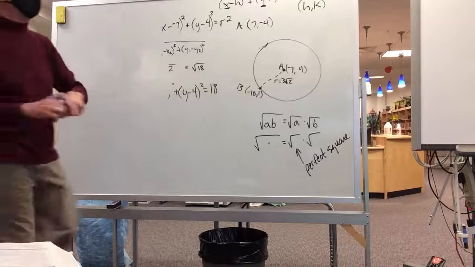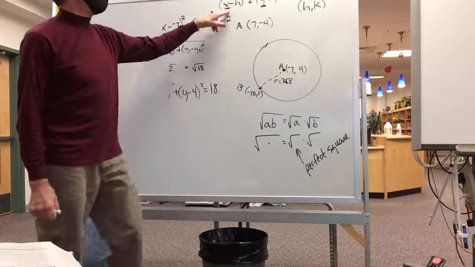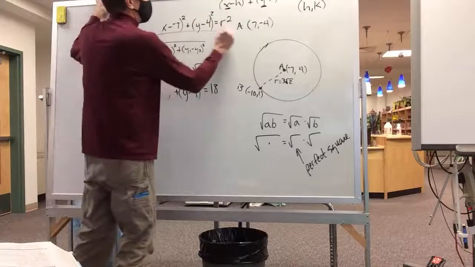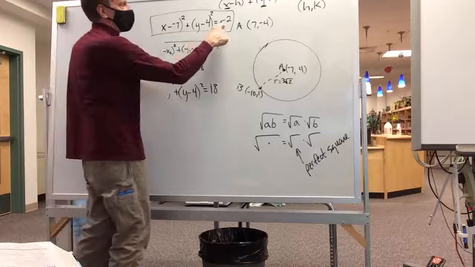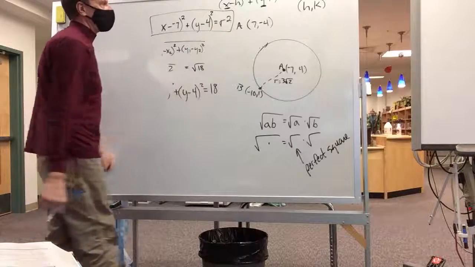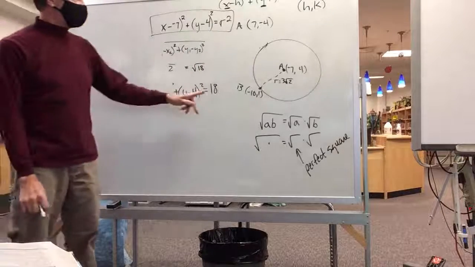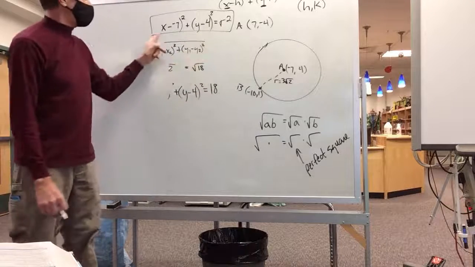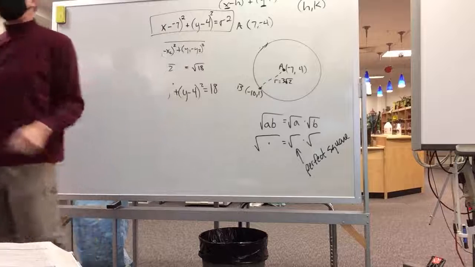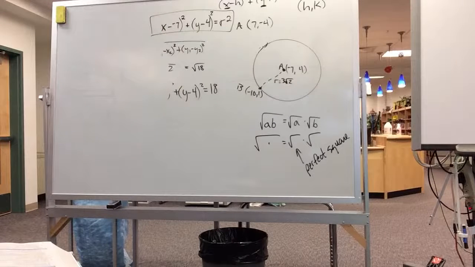You can put it like this right here in Desmos, except you can get rid of the r squared, and you can put 18 into there. So if you put just like this with an 18 in that place, Desmos will give you a perfectly round circle. It'll give you the whole equation. Whereas your graphing calculators only graph functions. So if it doesn't pass the vertical line test, it won't graph it.